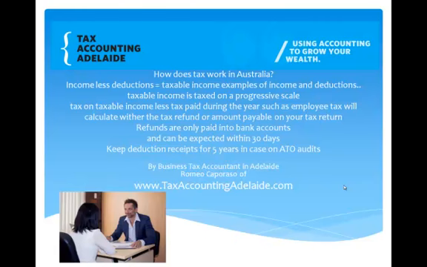Now, taxable income is taxed at the progressive tax rates, which I will show you in a moment. The tax on taxable income, less tax paid during the year, such as your employee tax taken out of your wages, will calculate whether you get a tax refund or an amount payable when you do your tax return at the end of the year.